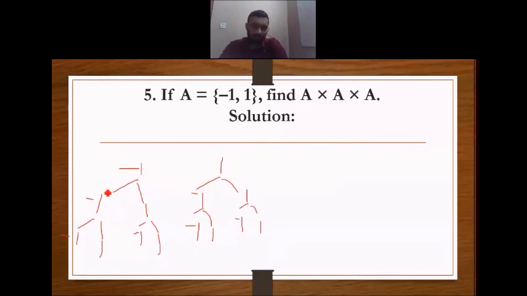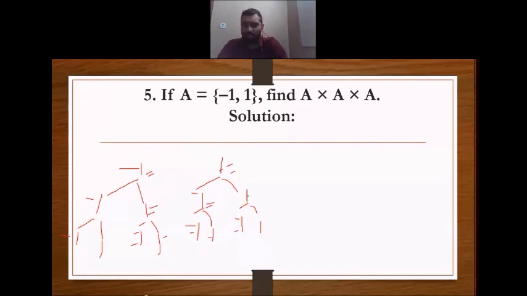So which elements are possible? (-1, -1, -1), (-1, -1, 1), (-1, 1, -1), (-1, 1, 1), (1, -1, -1), (1, -1, 1), (1, 1, -1), (1, 1, 1). So these are all the triplets possible.